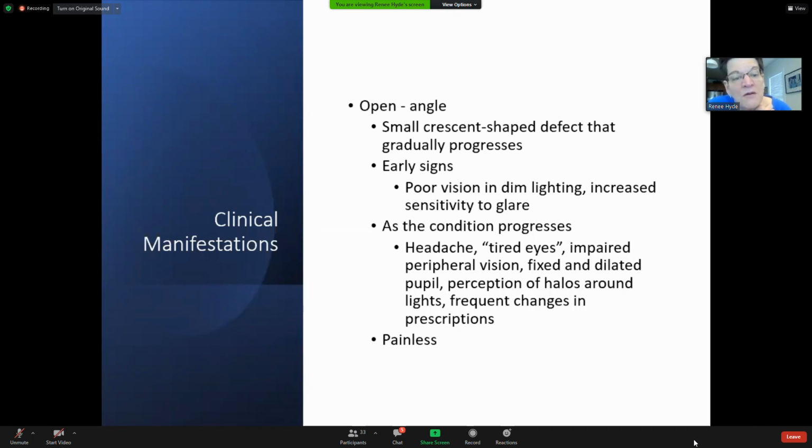The thing about open angle glaucoma, guys, that's so very insidious or sort of sneaky, is it's painless. So a lot of patients don't know they've got this condition unless they're evaluated for that intraocular pressure.